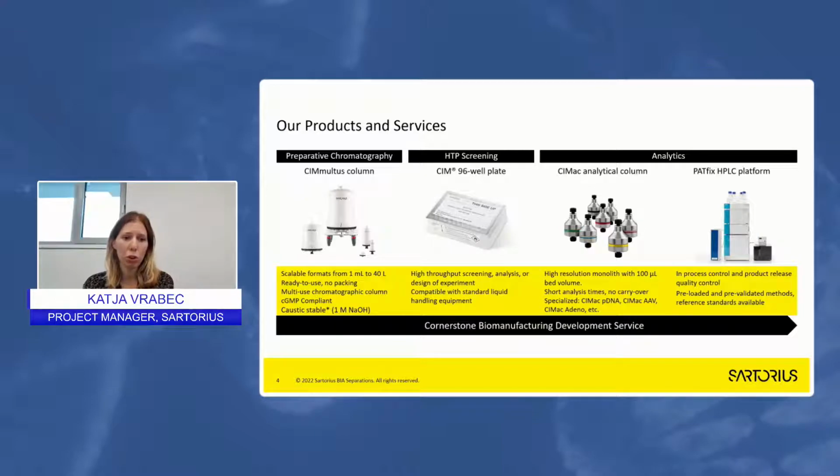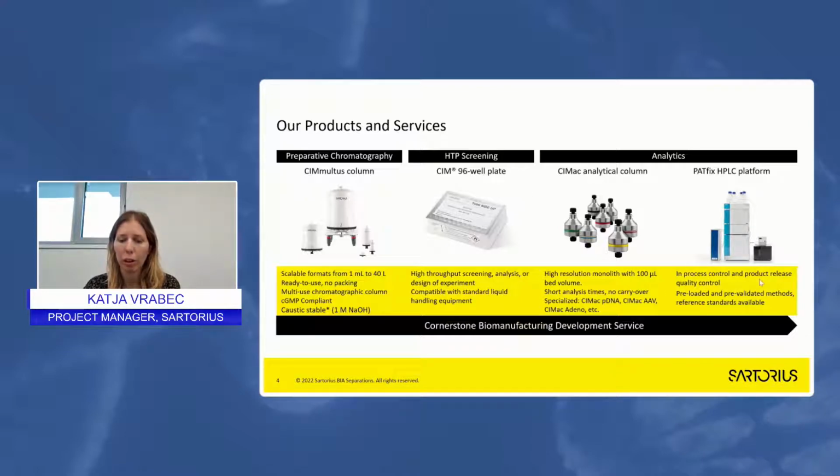We also offer cGMP compliant columns, and the majority of chemistries are stable for cleaning in place with 1 molar sodium hydroxide. We also offer screening on 96 well plates. 96 well plates are optimal for high throughput screening and analysis and design of experiments.